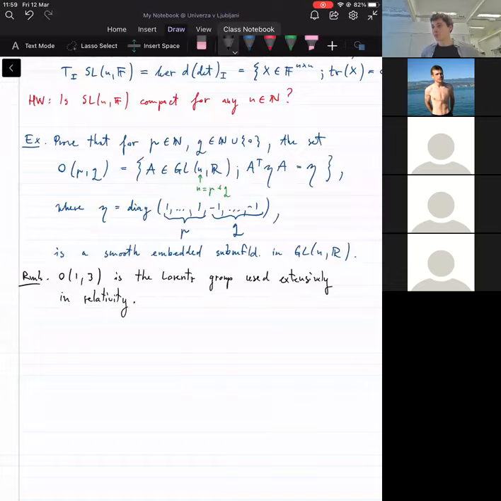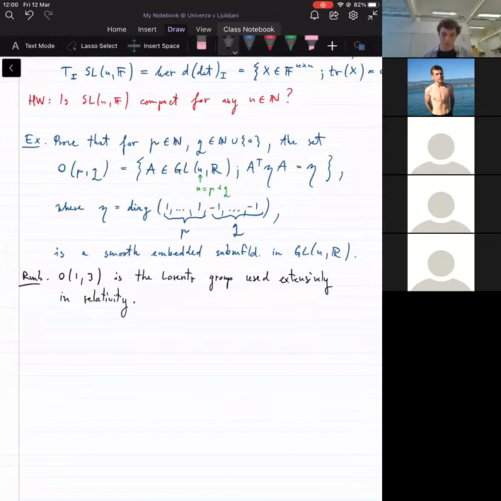So both the special linear group and this O(p,q) are Lie groups. I'm not going to write this down. You are just restricting the multiplication in GL_n R to a smooth embedded submanifold. Hence, your map is still smooth, right? As long as your multiplication ends up in the group again. Okay, so as long as this is indeed a subgroup, then this is a Lie group.